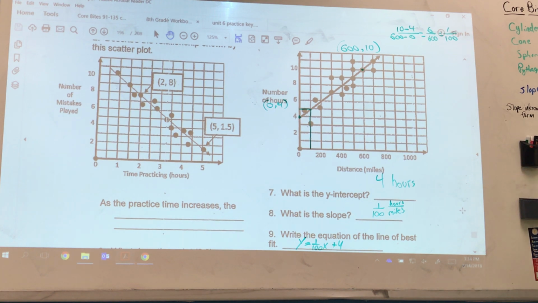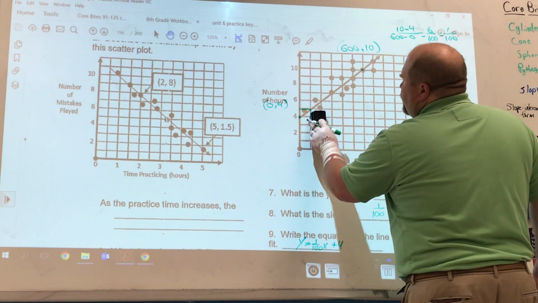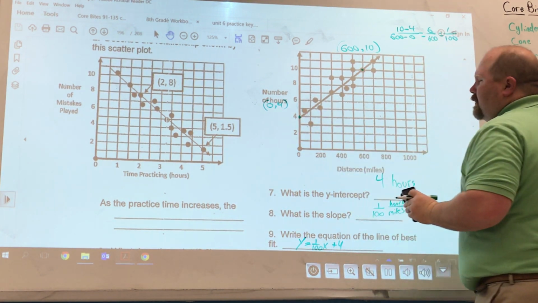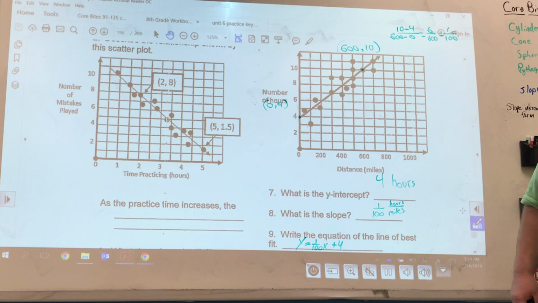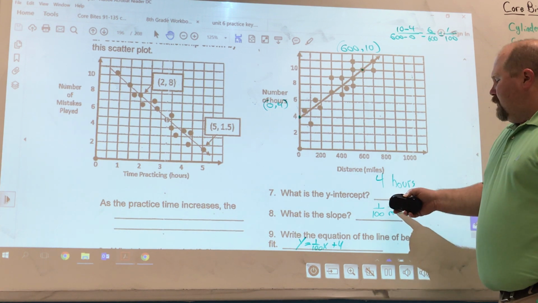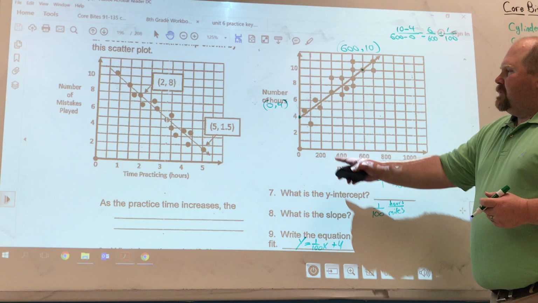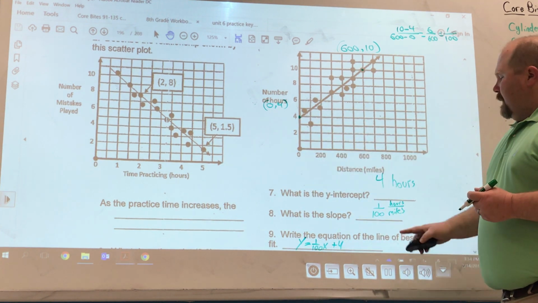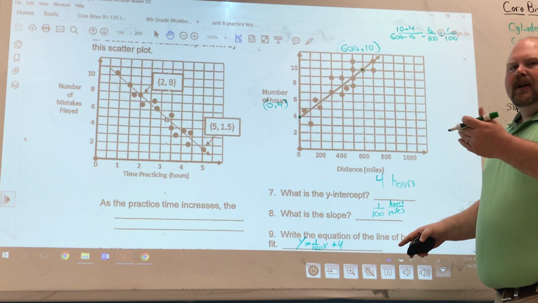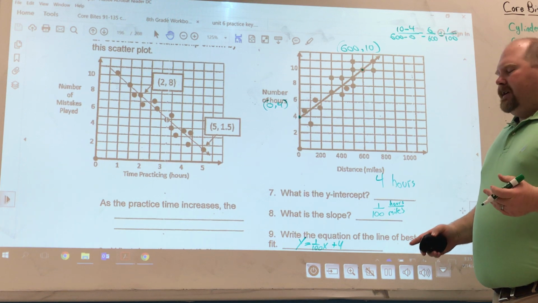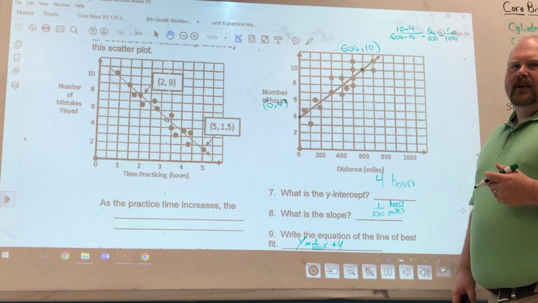What it's actually telling you is that there is a 4-hour initial value, meaning no matter how far or how close you are, it's a minimum of 4 hours. The slope tells me that there is an additional 1 hour for every 100 miles of travel. So there's the initial 4 hours, and for every 100 miles from the store, it'll take an additional hour to get your product there.